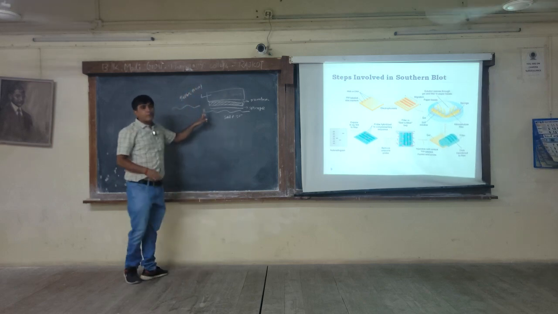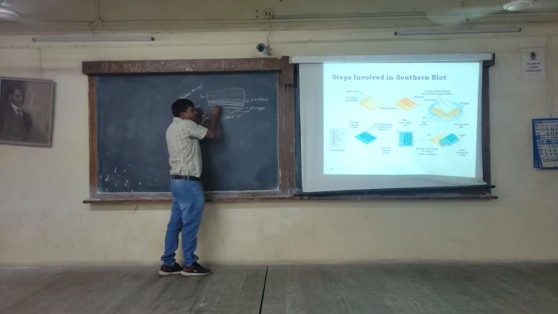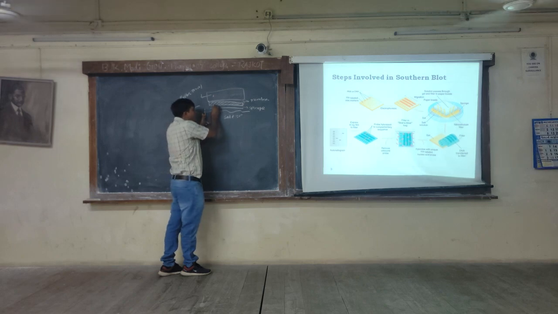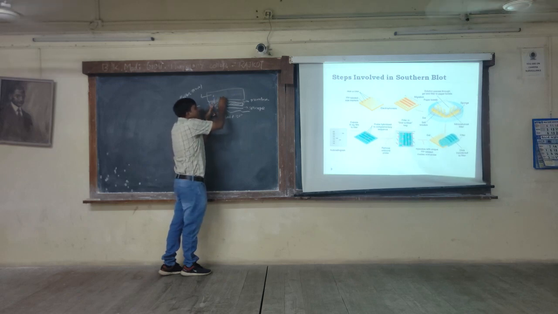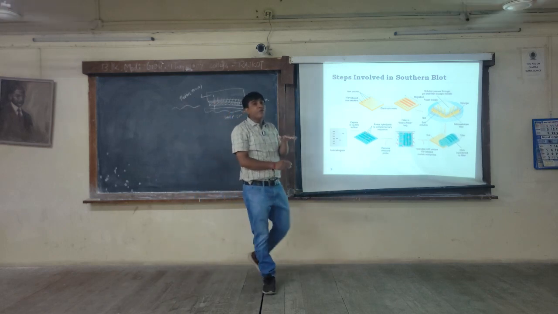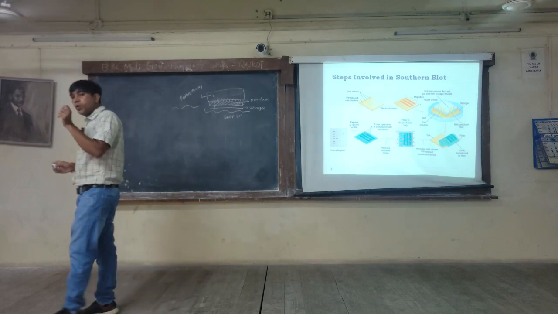As these are dry, the sponge can absorb the salt solution. So the salt solution will diffuse through the sponge, through the gel, and then through the membrane. Now, as the membrane is made of nitrocellulose, it has a very small pore size.